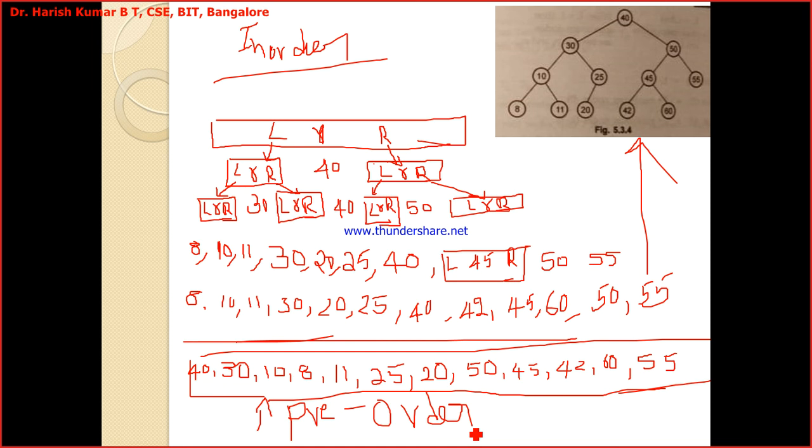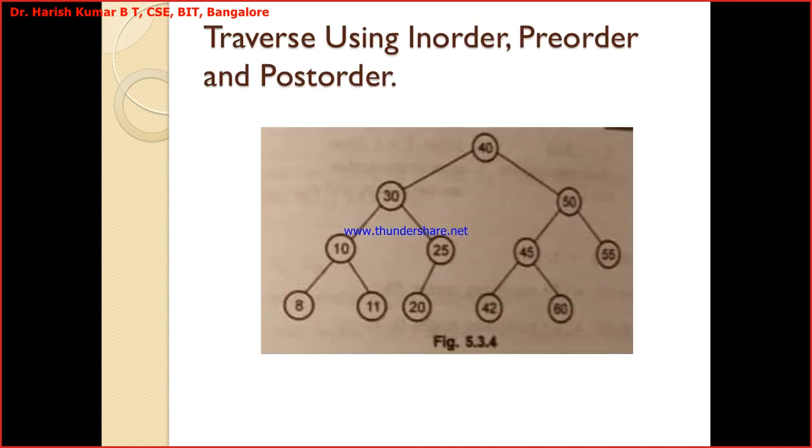Post order: 8, 11, 10. So root comes last here. First left subtree, right subtree, and then root. Correct? Yes, this is the order. Okay, next.